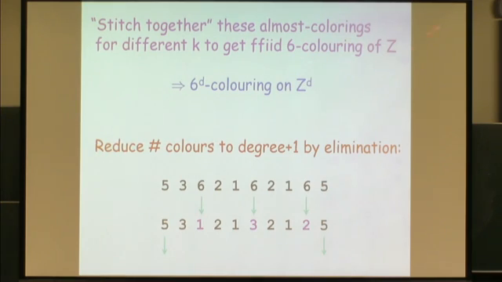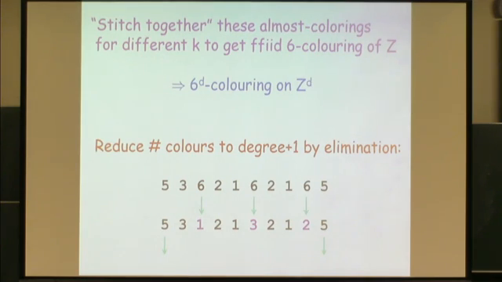So you can color Z with 6 colors, it turns out, and that immediately means you can color ZD with 6 to the D colors, because I can just take one of these colorings in each dimension and intersect them. So that's good. I can do ZD with some number of colors with this extraordinary tower function decay.